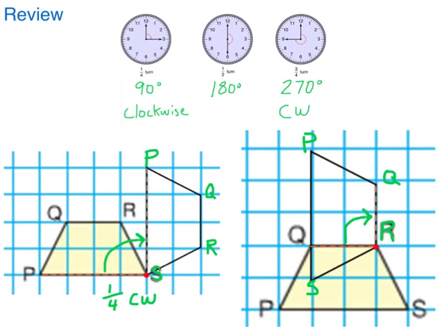And in our last example, we took the same trapezoid, but this time we rotated on point R. So we took line segment QR because it's attached to the point of rotation, turned it 1/4 turn to its new location, and then drew the rest of the shape that's attached to it.